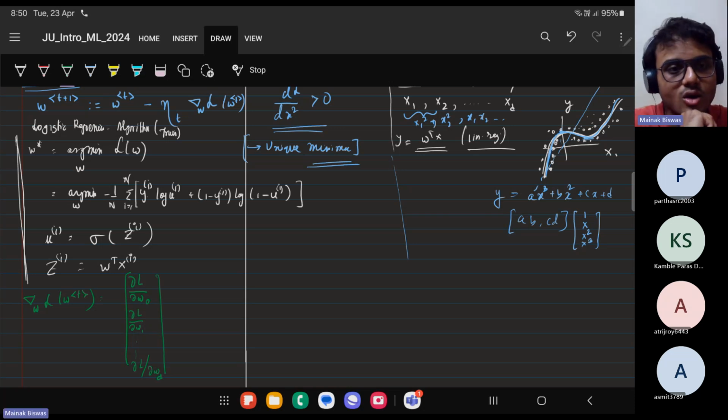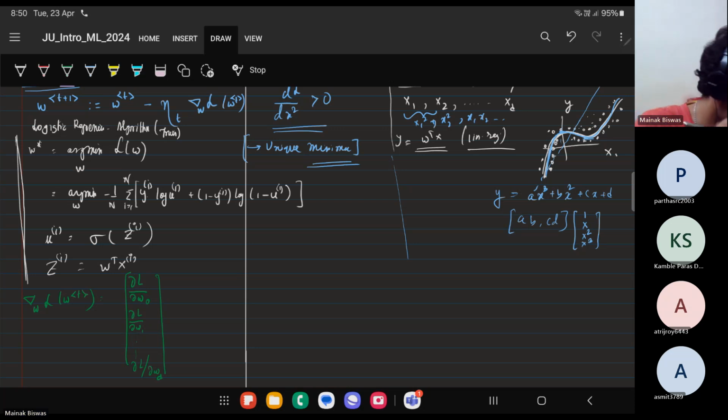All the derivatives along all of the coordinates. Right? So now how do I get this derivative? I have to do chain rule, right? I have to take first dL/d something, then d something/dw, and so on, right?